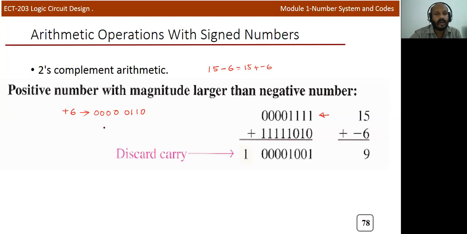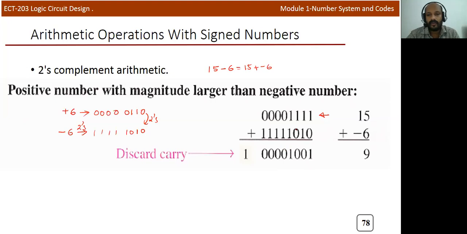Now we need to take the two's complement of this binary sequence, then you will get the two's complement representation of minus 6. In order to find the two's complement, we'll start from the extreme right and copy the bits up to the first one, and after that we will complement. This is the two's complement representation of minus 6, which is written here.